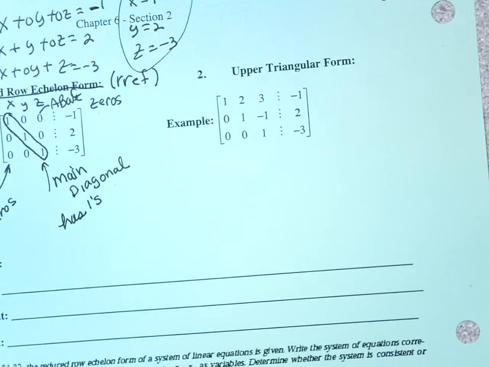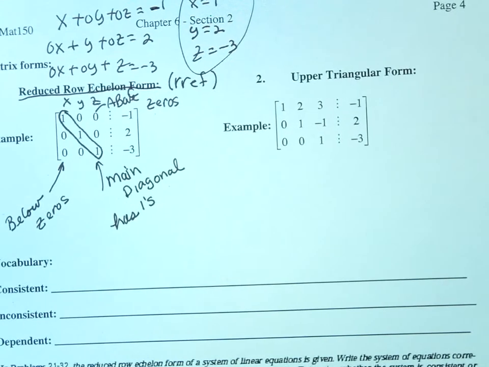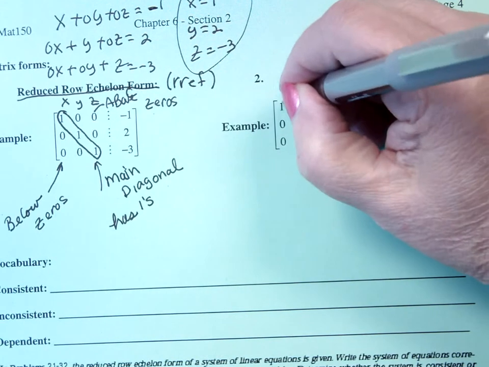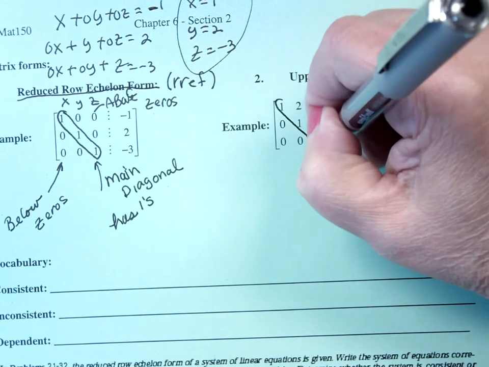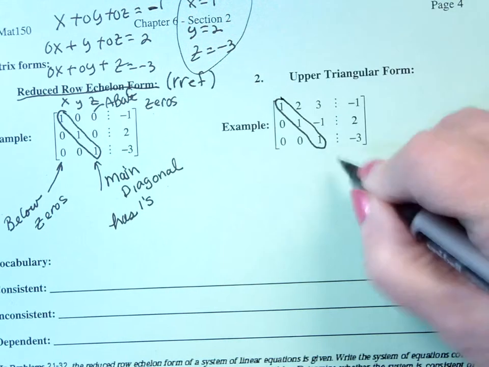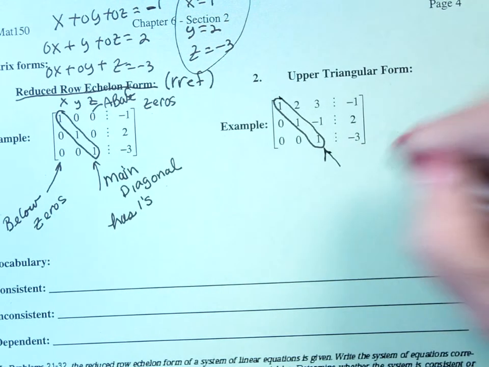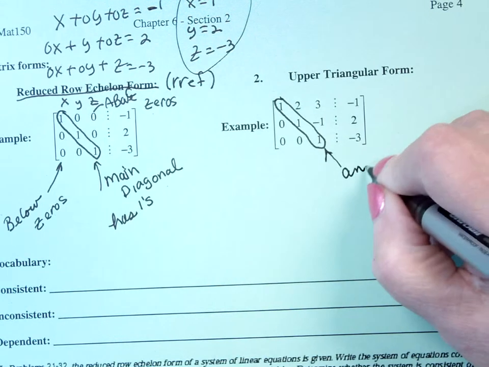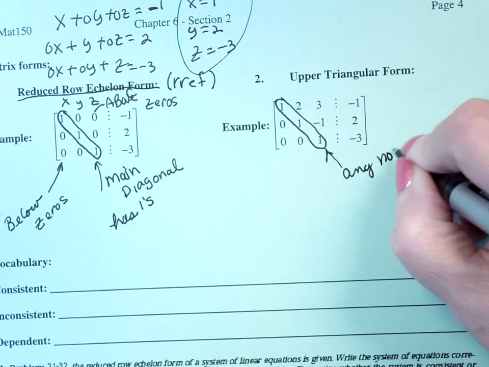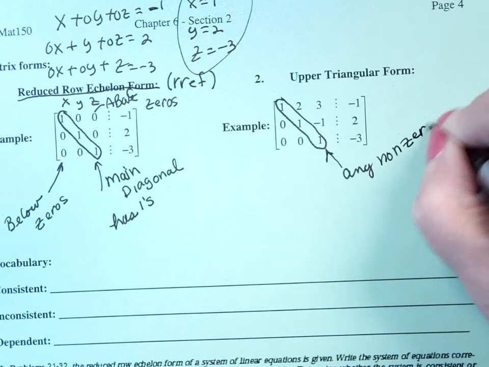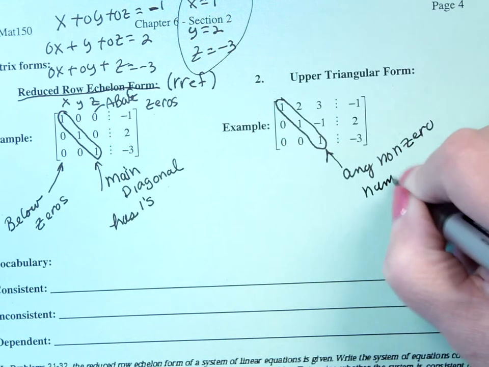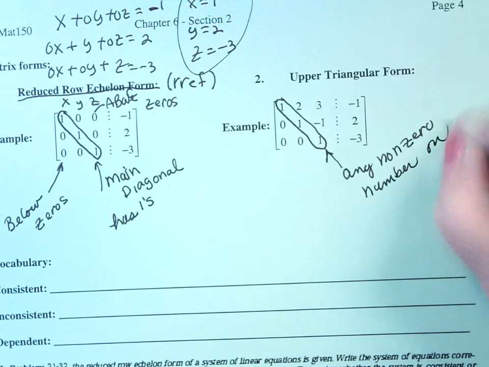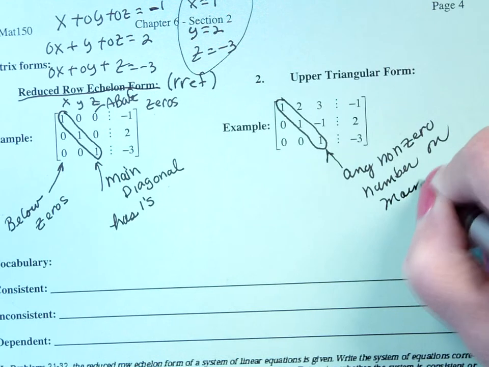The one that we're going to be using is what I call upper triangular form. Now, I have ones down the main diagonal, but I can have any non-zero number on the main diagonal.